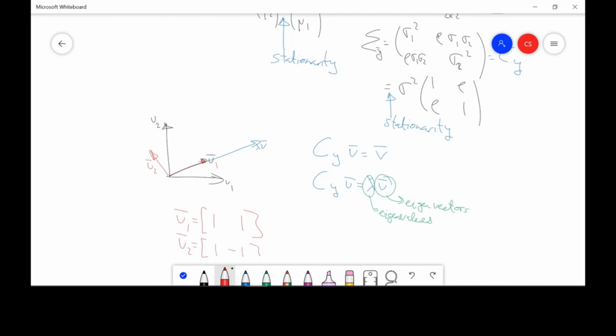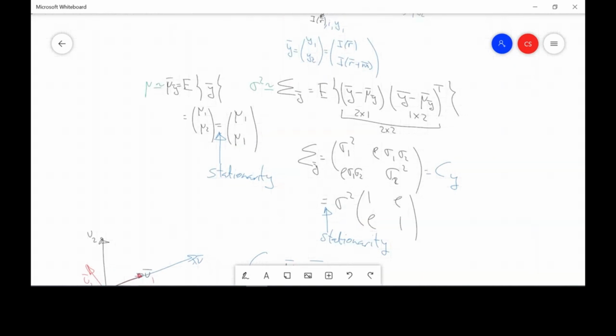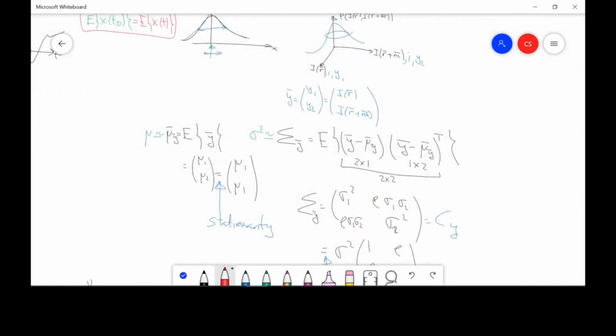And they are multiplying this kind of vectors here.